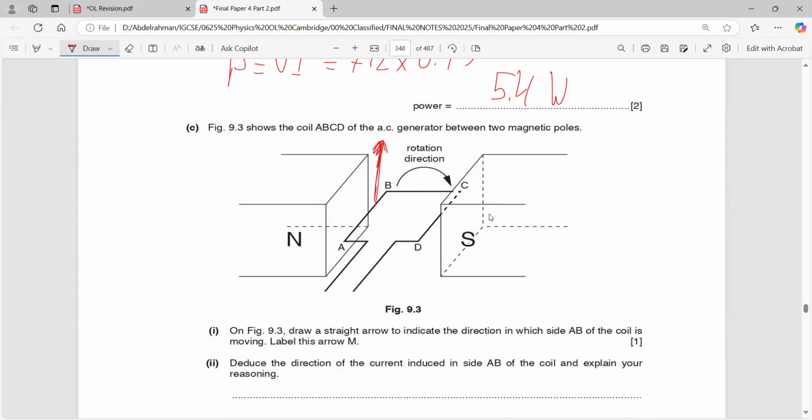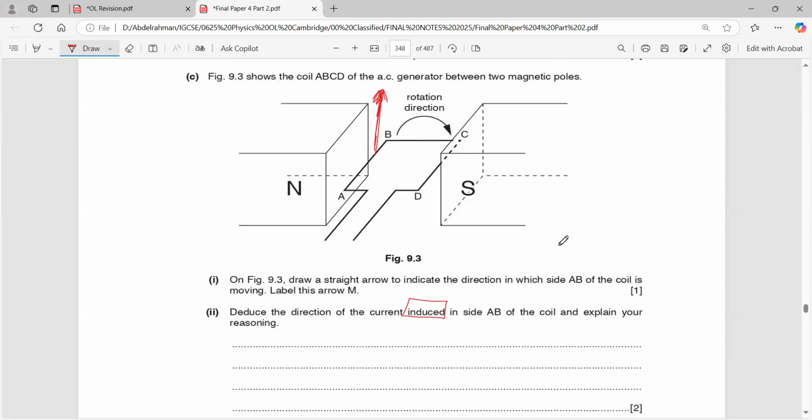Deduce the direction of the current induced in AB. When he says induced, it means created, generated. So I will use Fleming's right hand rule. Can I use Fleming's right hand rule? Definitely. North pole to the south pole.